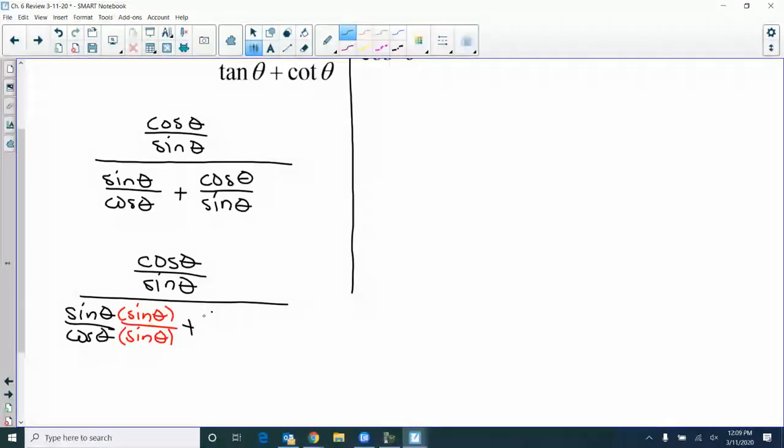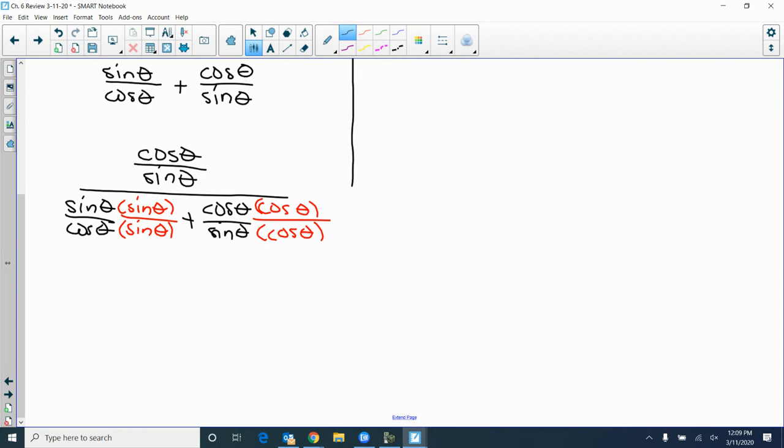To the second piece, we gotta add cosine of theta. You know where you're going? Keep going. I'll catch you up in a minute.